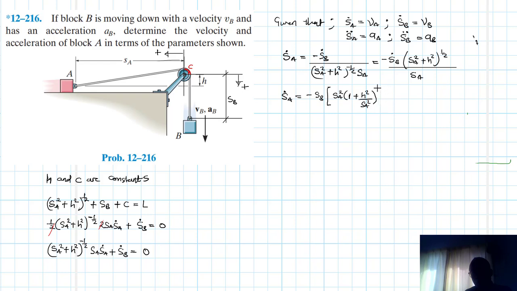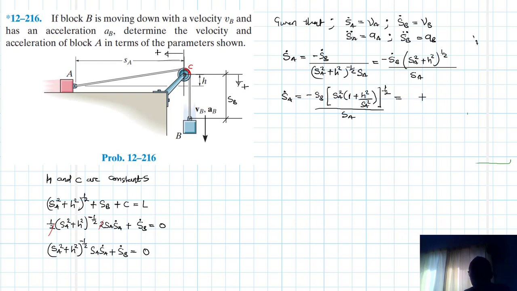This is therefore going to be equal to minus SB dot, to the power half, and everything divided by SA.